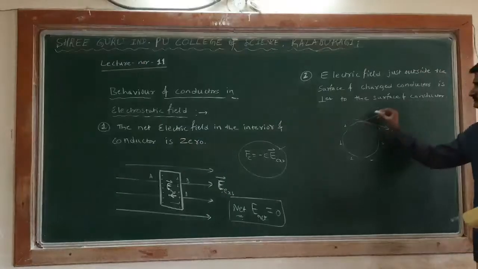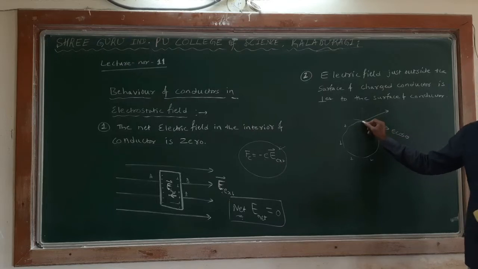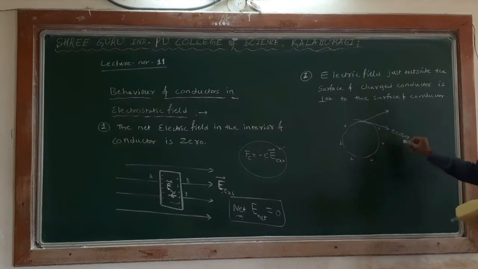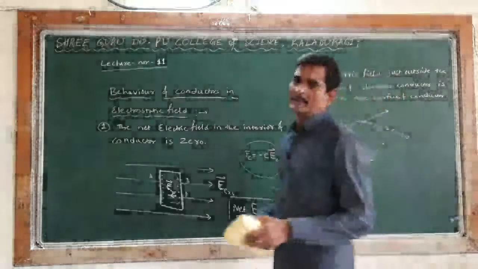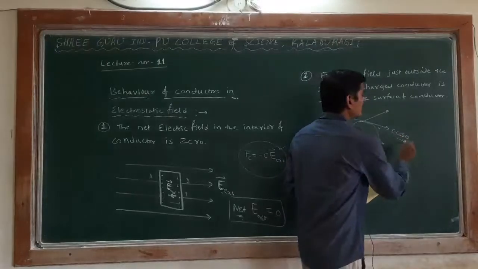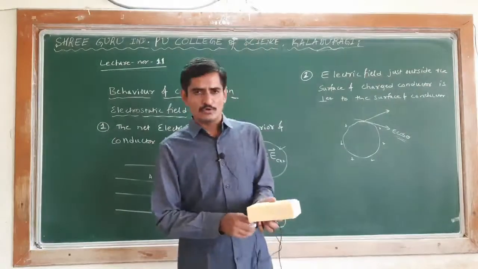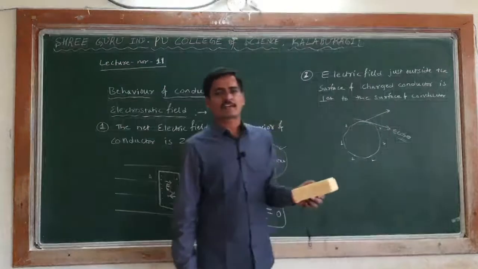But here, if the electric field is not perpendicular at this point, then it will have a tangential component along the surface of the conductor, and this tangential component makes the charges flow. That will create a surface current.